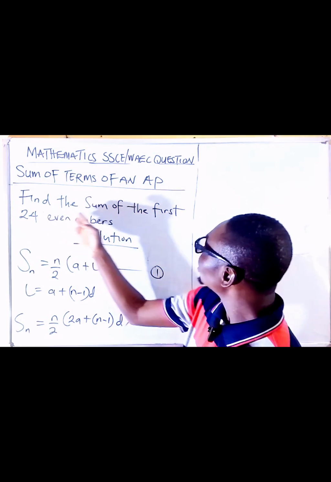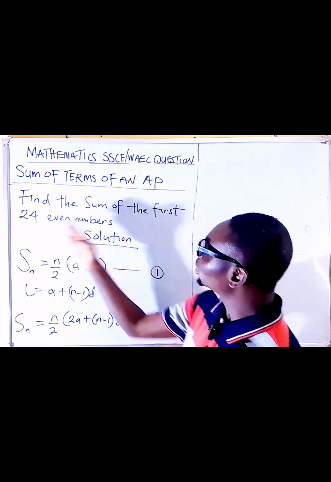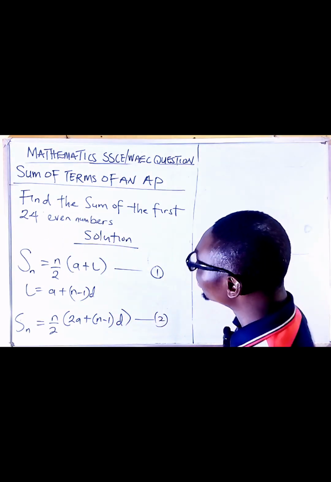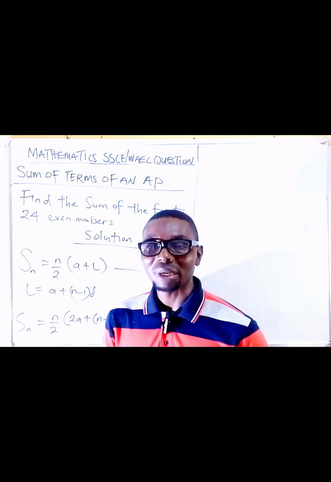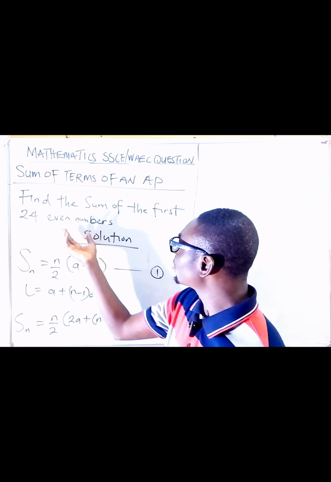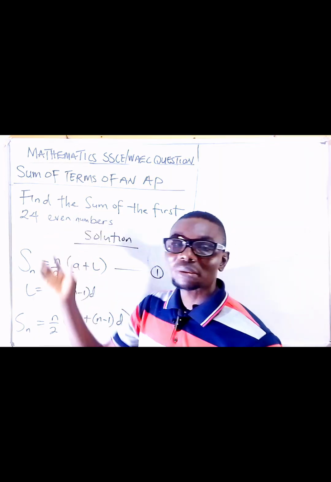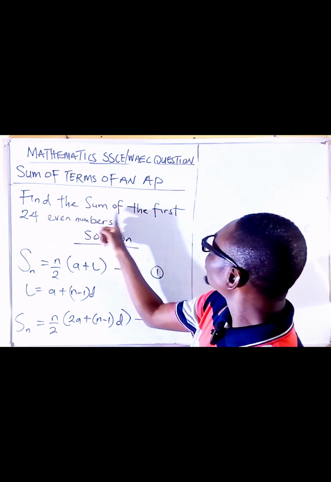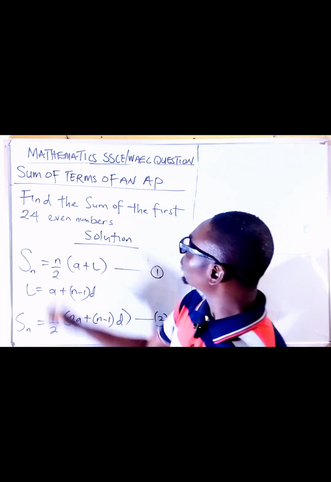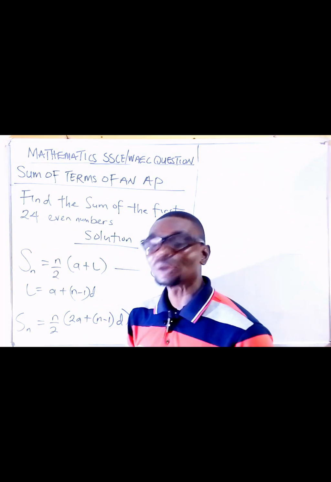Here, it says find the sum of the first 24 even numbers. Now, first of all, we'll ask ourselves, what is an even number? Even numbers are numbers that are divisible by 2.